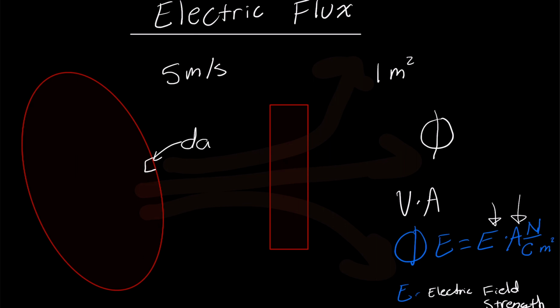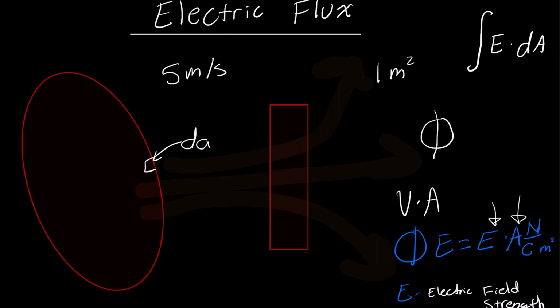Once you have that, you add all of the pieces of the total area, which is an infinite summation, so basically an integral. And this turns the formula into the integral of E times dA. All right, so I'm going to go ahead and write that formula down. So we have the integral of E times dA. Okay? And that would be the formula for the electric flux.